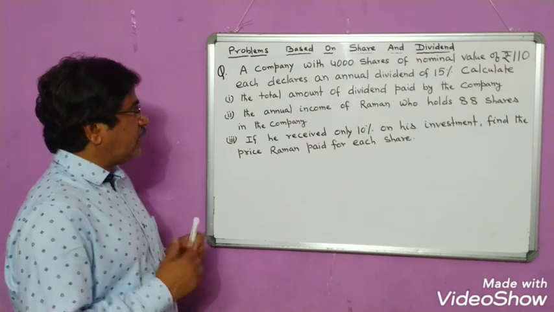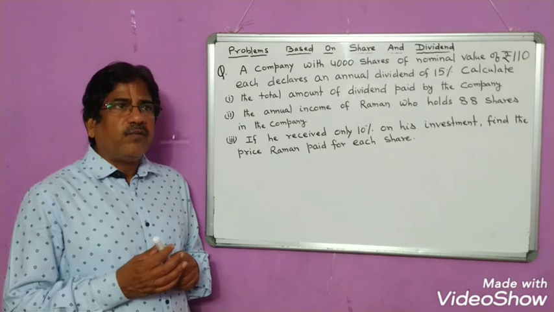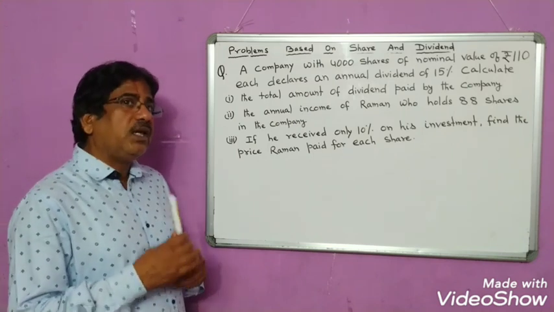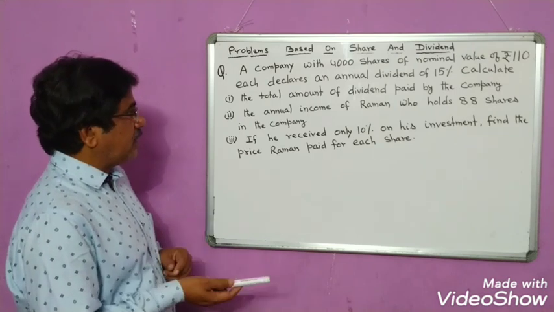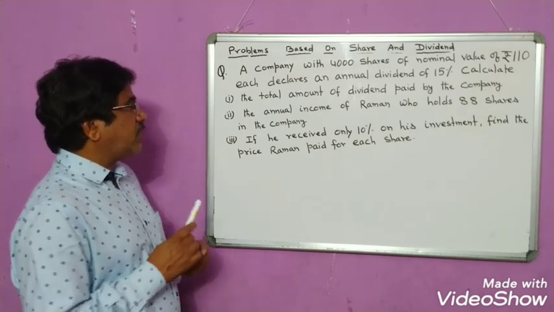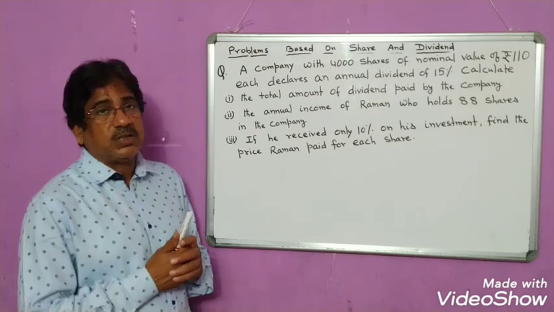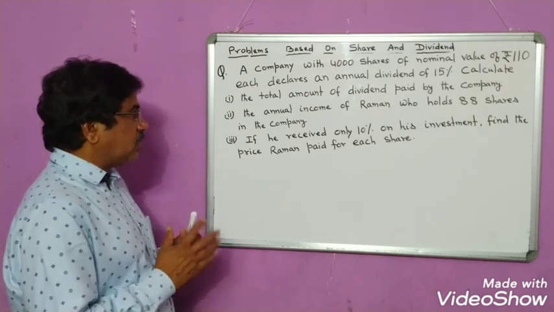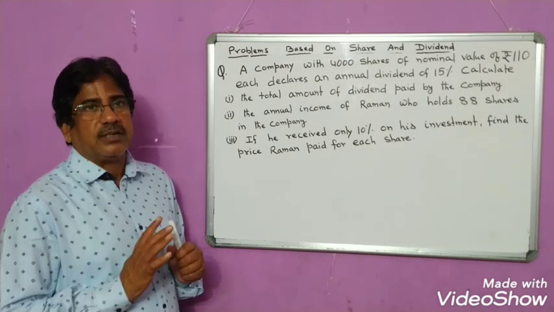Then you also have to find out the income of Raman, who has 88 shares of that company. And in the third part it is said that if he received only 10% on his investment, you have to find out what amount Raman paid for buying each share.